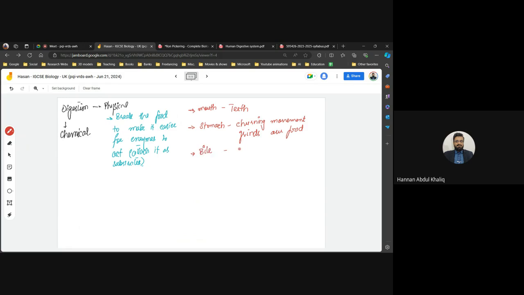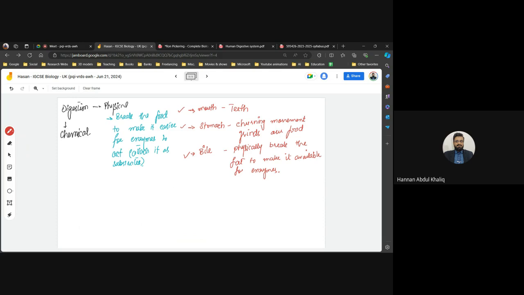Bile physically breaks the fat to make it available for enzymes. So these three things would come in the physical digestion.